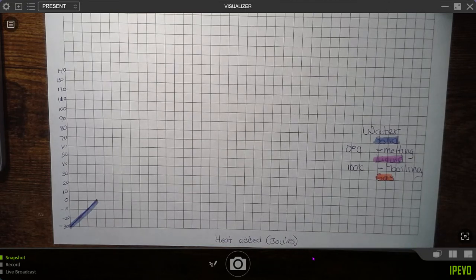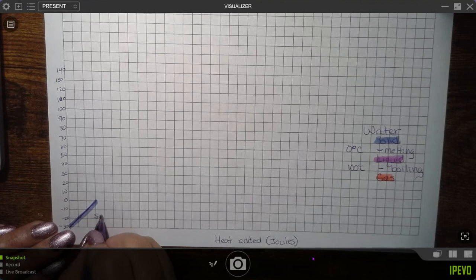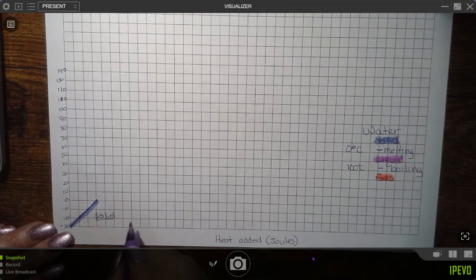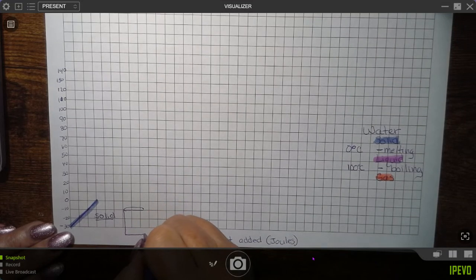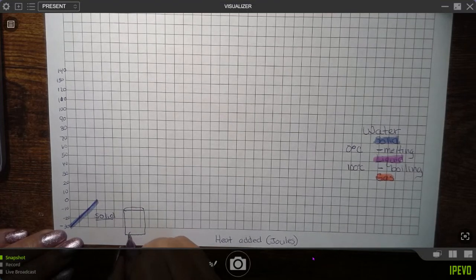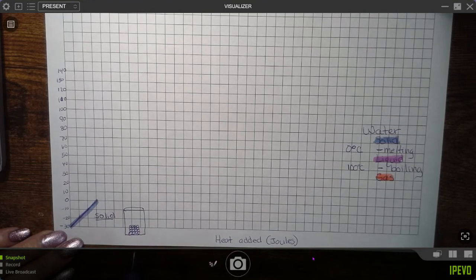So here we just have water as a solid. If I were to draw a picture of what the solid looks like, I would draw a little container, with the particles very organized, very close together, with very little movement taking place. Notice that my particles also don't take the shape of their container. It's ice, a solid block.